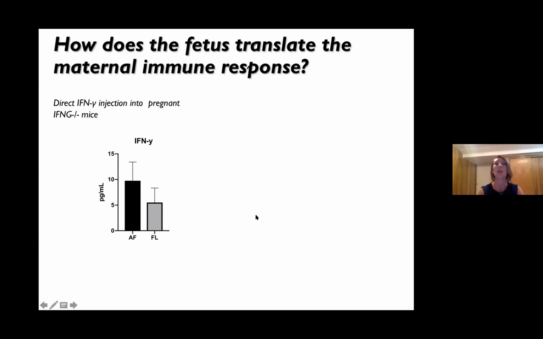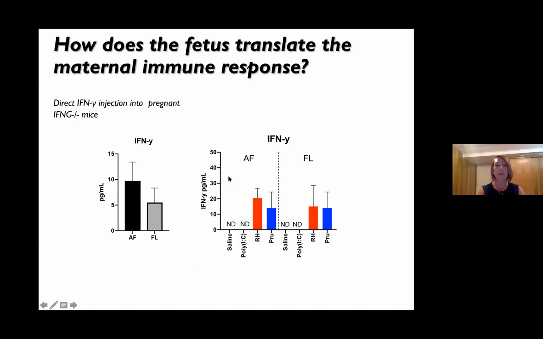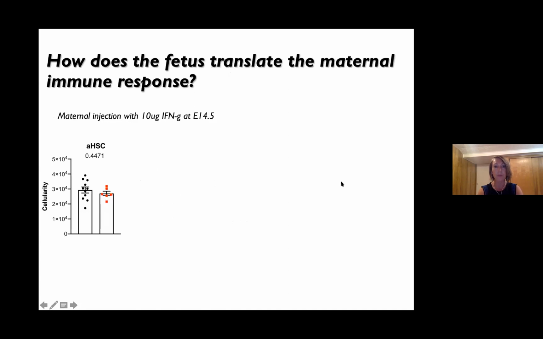There's virtually no information on this. So we found that interferon gamma was capable of crossing the placenta and entering the amniotic fluid, as well as the fetal liver microenvironment, and that these levels were almost comparable to the levels we see in the amniotic fluid and in the fetal liver during either a virulent Rh infection or a less virulent Pru infection.